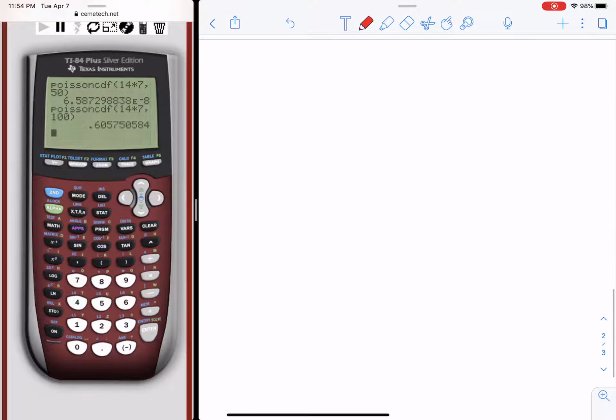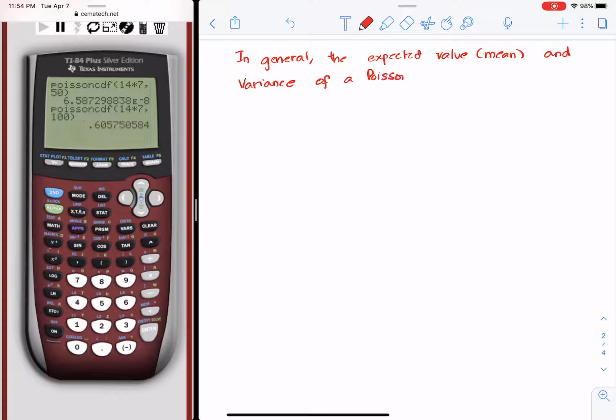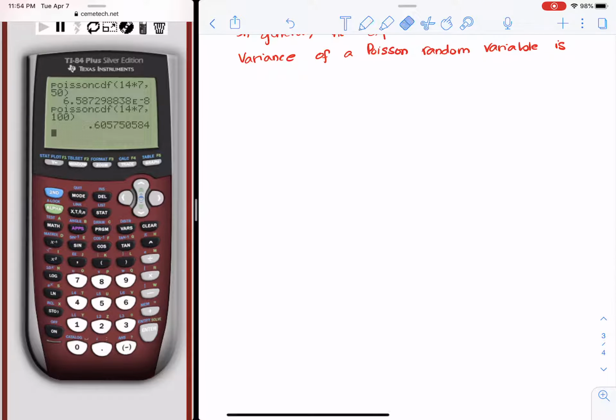So, in general, the expected value, in other words, the theoretical mean and variance of a Poisson random variable is simply lambda times t.